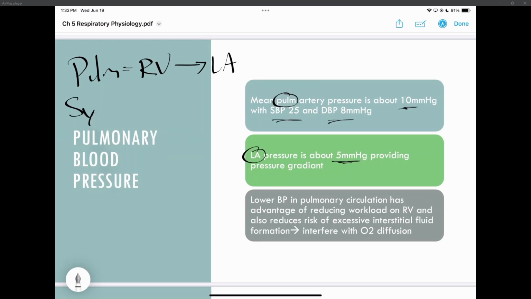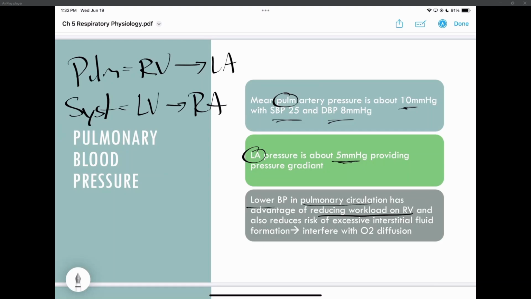For the systemic circulation, it's left ventricle pressure, and where do we have to wind up? Right atrial. That's the pressure gradient for the systemic circulation: whatever the ventricle is to the right atrium. Lower BP in our pulmonary system reduces workload on the right ventricle and reduces risk of excessive interstitial fluid formation.